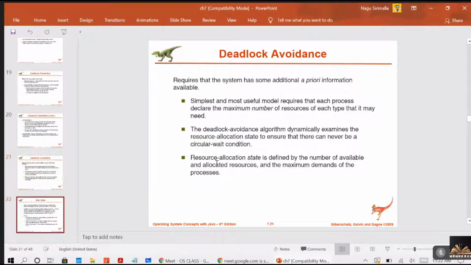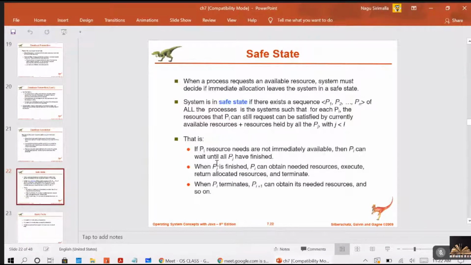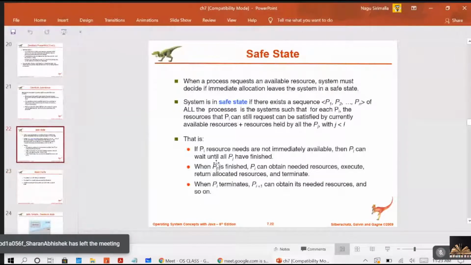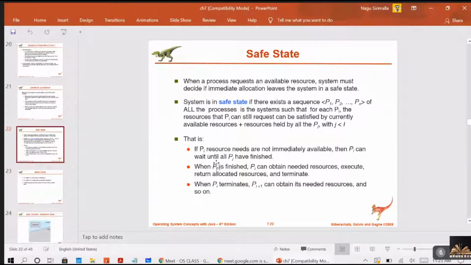So in the last class, we discussed the safe state and the resource allocation graph. The OS will not allocate the resource to the process if it is entering into the unsafe state. For this, it is using a condition here, when it tries to identify a safe sequence.